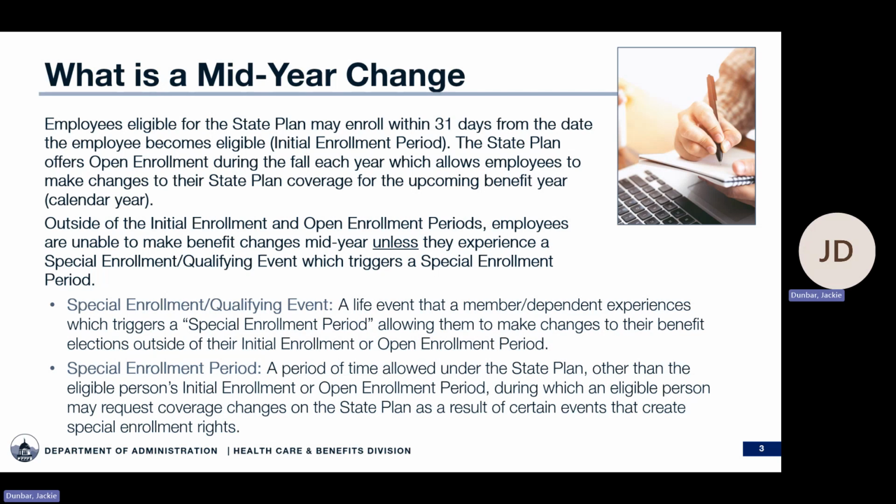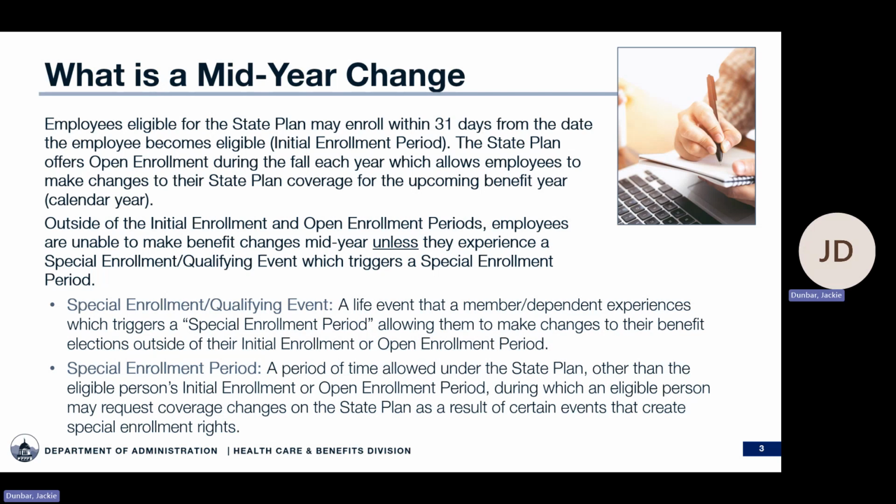The special enrollment period is a period of time allowed under the state plan other than the eligible person's initial enrollment or open enrollment period, during which an eligible person may request coverage changes on the state plan as a result of certain events that create a special enrollment right.